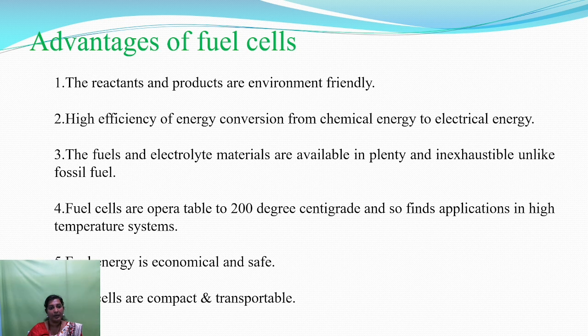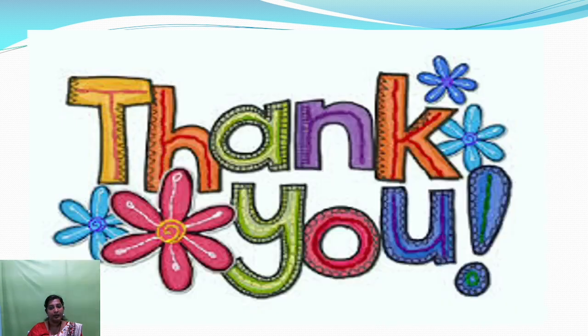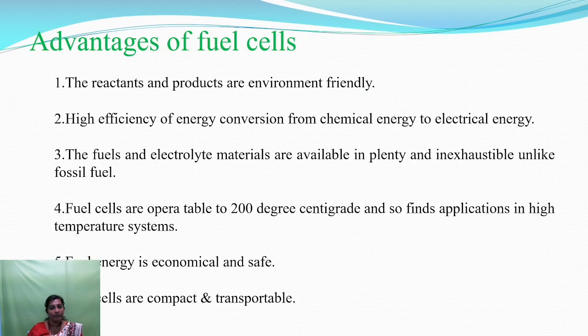These are the common advantages of fuel cells. The reactants and products are environment friendly, with high efficiency of energy conversion from chemical energy to electrical energy. The fuels and electrolyte materials are available in plenty and inexhaustible, unlike fossil fuels.